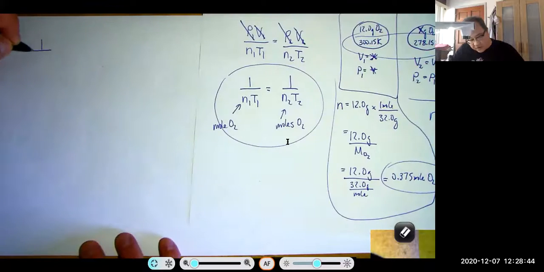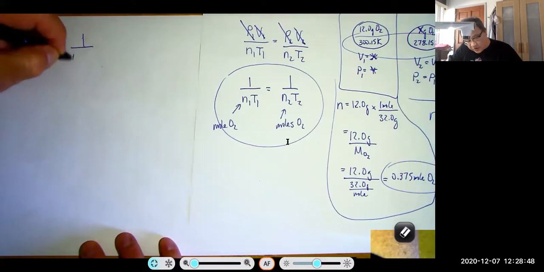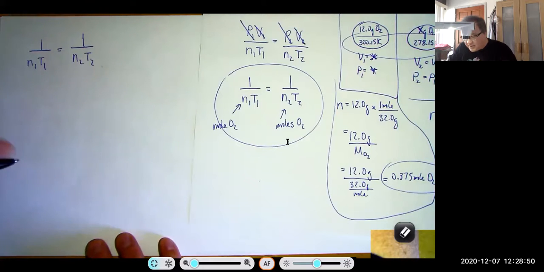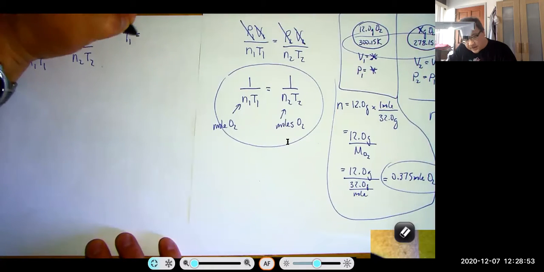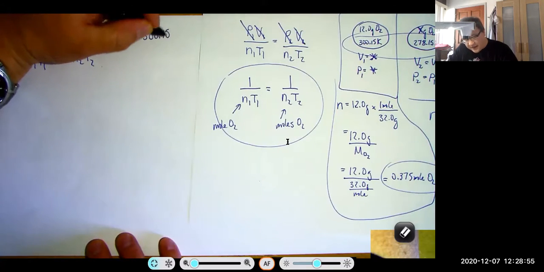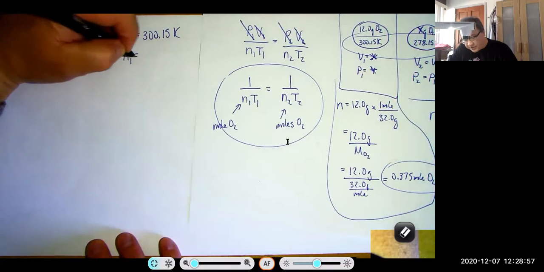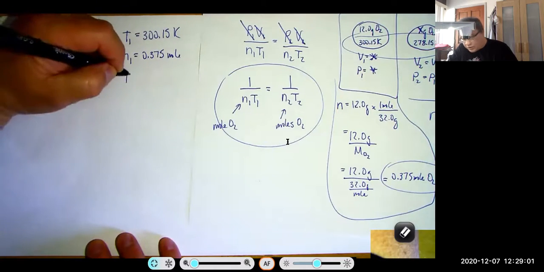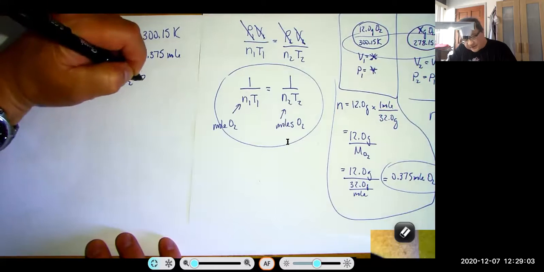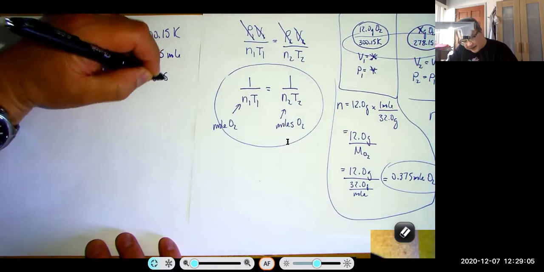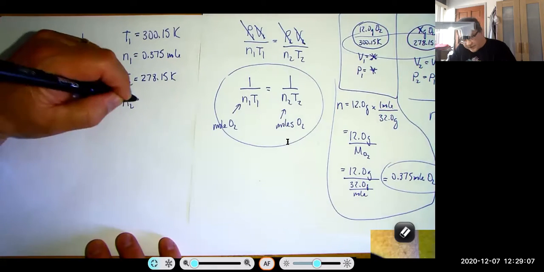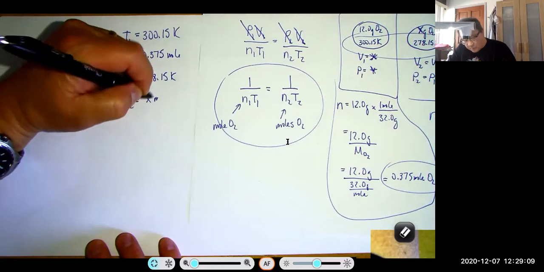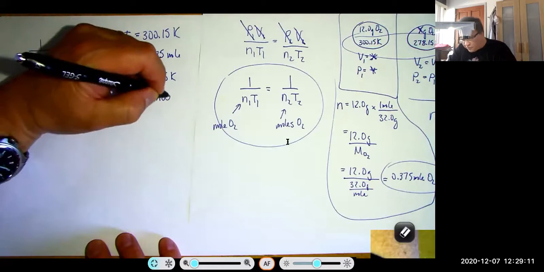So 1 over N1 T1 is equal to 1 over N2 T2. T1 is equal to 300.15 K. N1 is equal to 0.375 mole. T2 is equal to 278.15 K. And N2 is equal to X moles over 32.